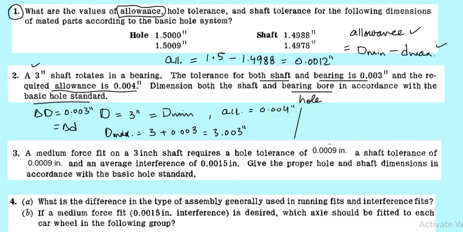Now we are not given any type of fit here, so we cannot consult any table to find the fundamental deviation for the shaft, because we want to find d maximum and d minimum.